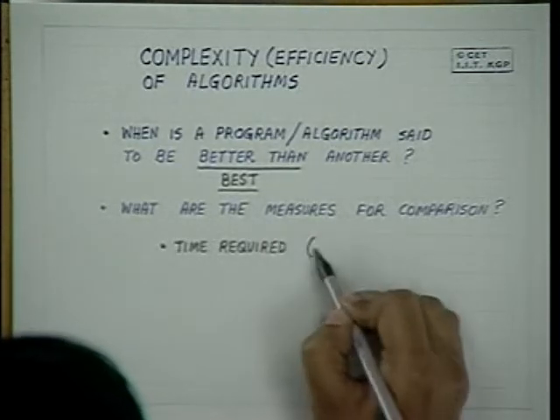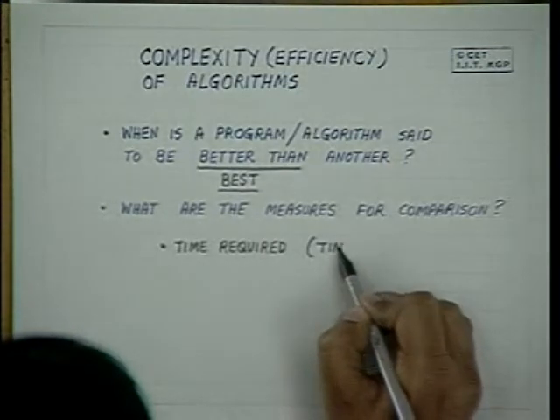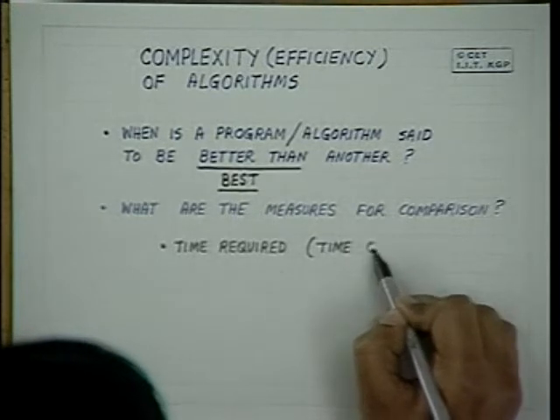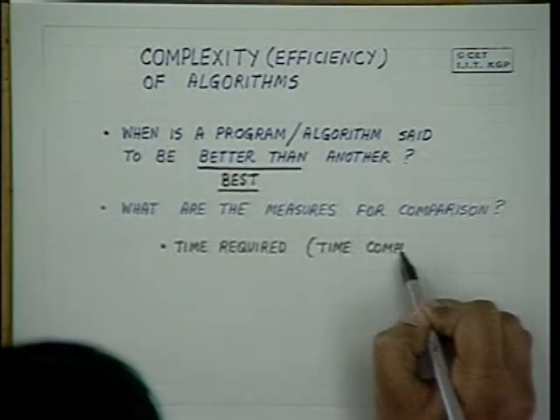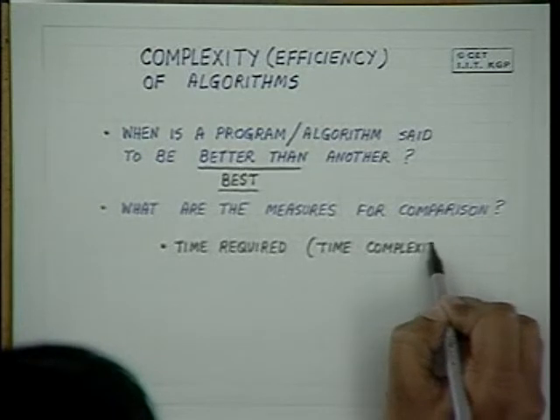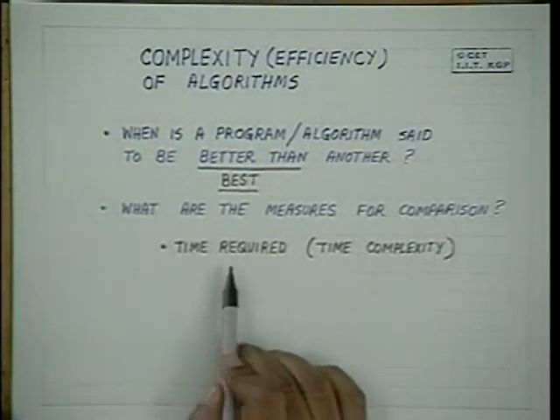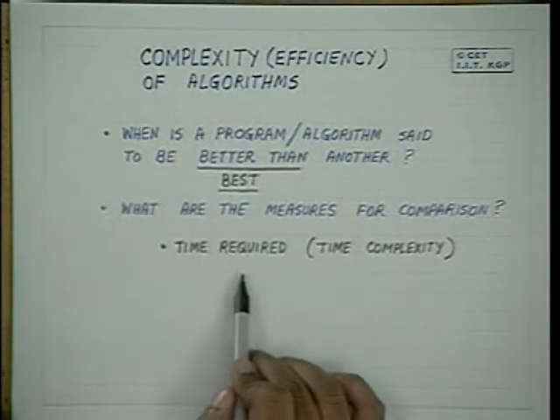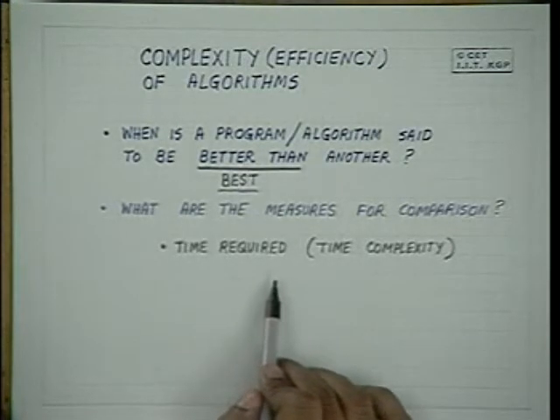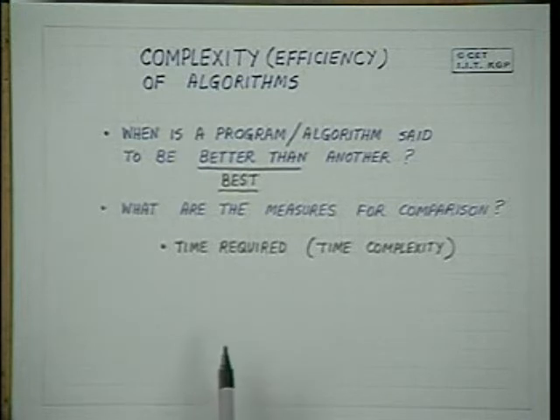It is also called the time complexity of an algorithm. This is the time of execution of the algorithm, not the time of compilation. It is the execution time of the algorithm.